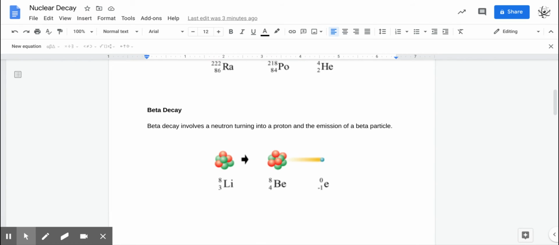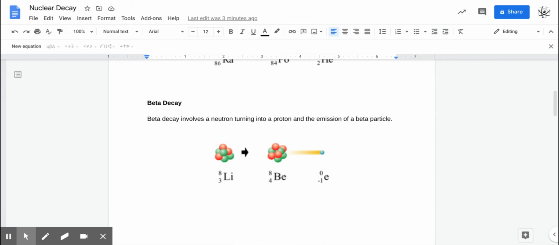The second way that we can decay is known as beta decay. And beta decay involves one of the neutrons turning into a proton while emitting a beta particle. This is a beta particle. A beta particle is also just an electron. And that's why you see the mass is 0.